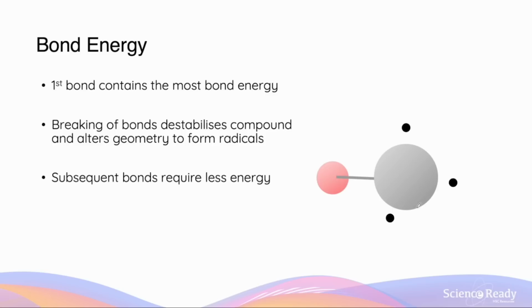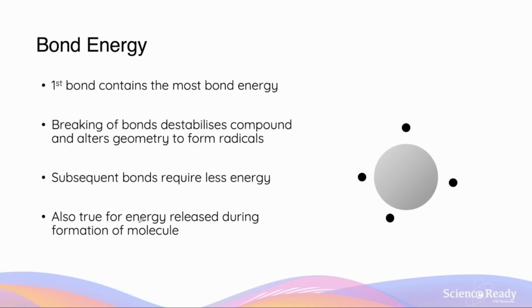So basically, subsequent identical bonds in a molecule, such as methane, will require subsequently lower amounts of energy to break apart. This is also true, but in reverse, for energy released during the formation of the molecule. This means the first bond that you form in the molecule will release the least amount of energy, followed by increasing amounts of energy as you form more bonds and make that molecule more stable.